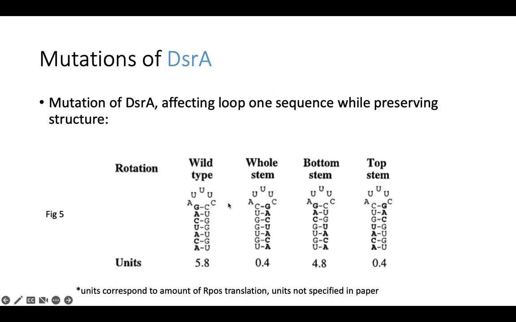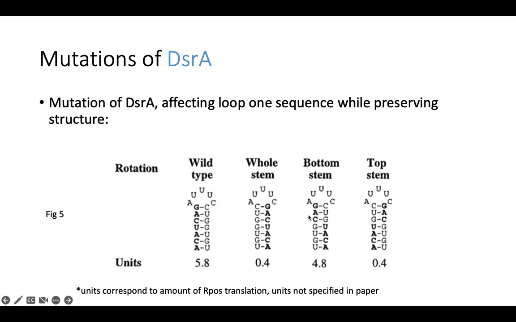If you look at our wild type, we have a pretty good amount of rpoS translation. But if you just flip the stem of the loop over, see how they did that there? We really lose rpoS translation. Now, if you just flip the bottom part of the stem, but you leave this little GAC up here and this little CUG as the wild type, we still keep a good amount of rpoS translation.